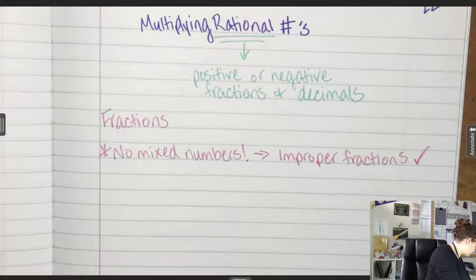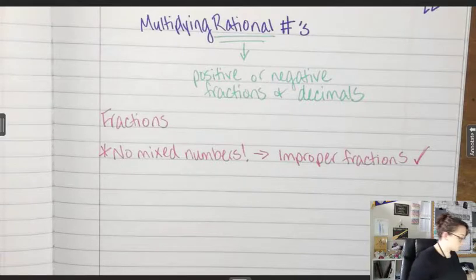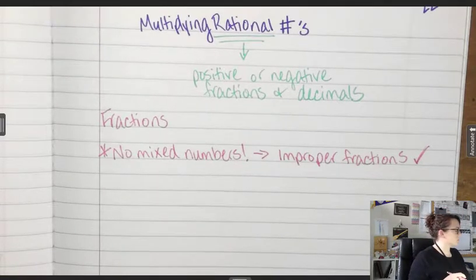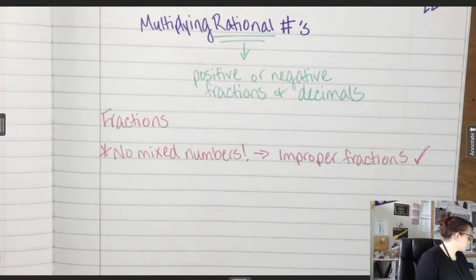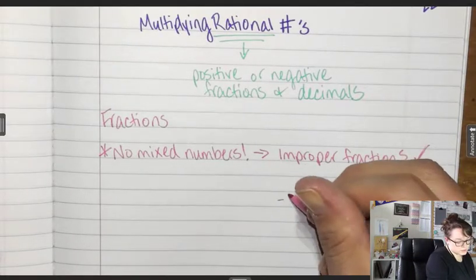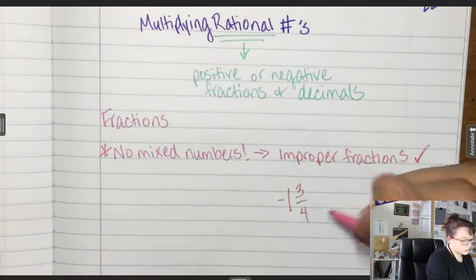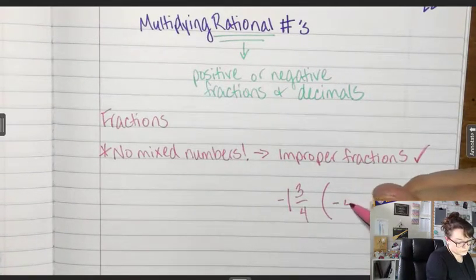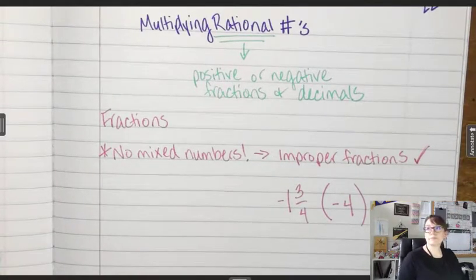All right, let's do -1 and 3/4 times -4.